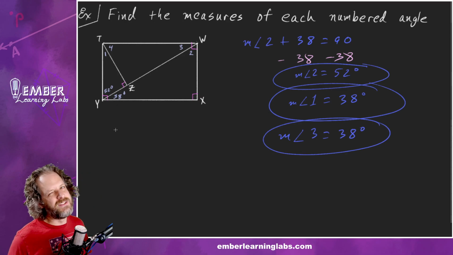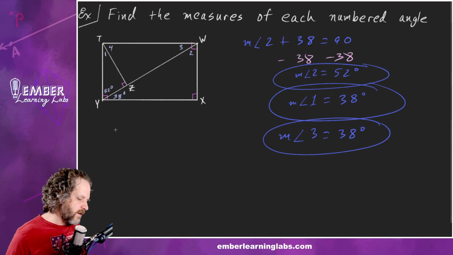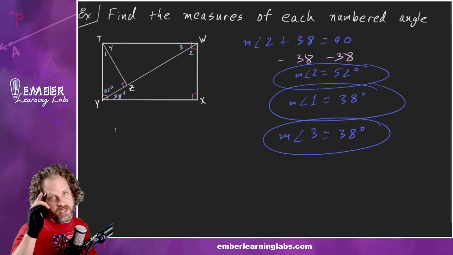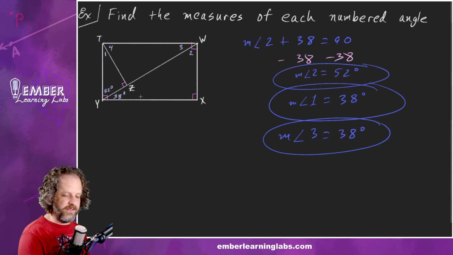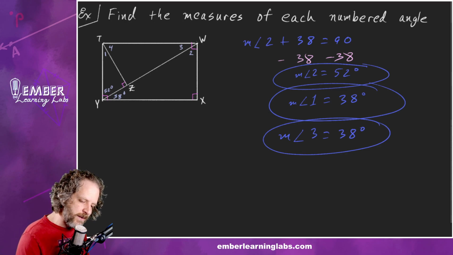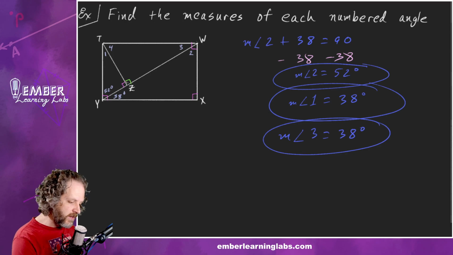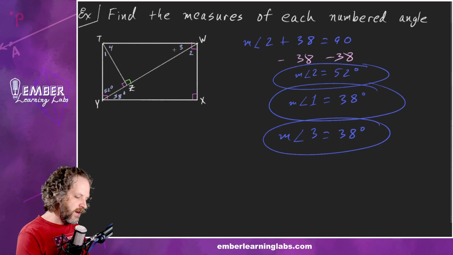Well, okay. I was going to say angle 4 is a little bit trickier, but because of the way it's all laid out here, we know that this angle right here is a 90-degree angle, because these two are 90. If this one's a 90-degree angle, then that one is too, because they're a linear pair. So that means we already know this one, which means that these two are complementary to each other.